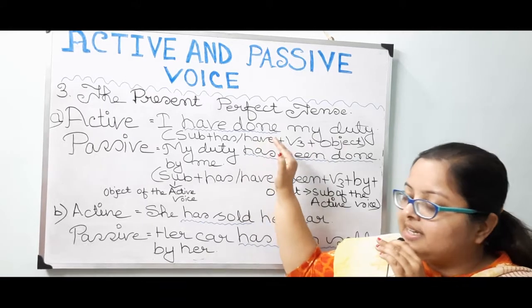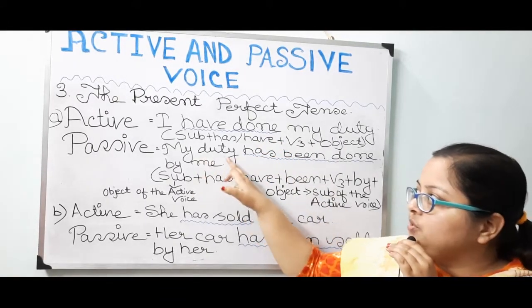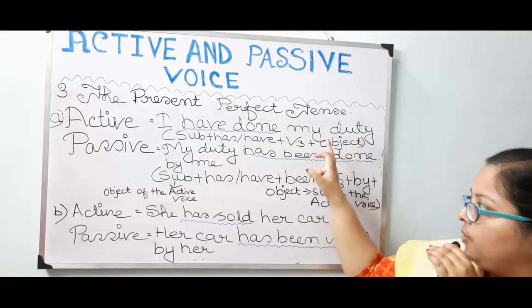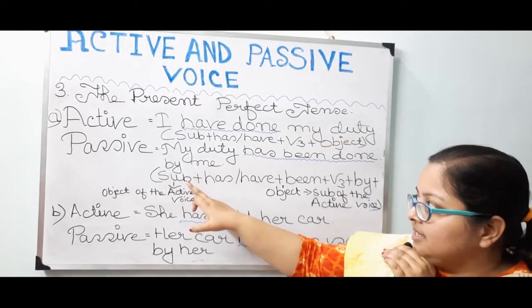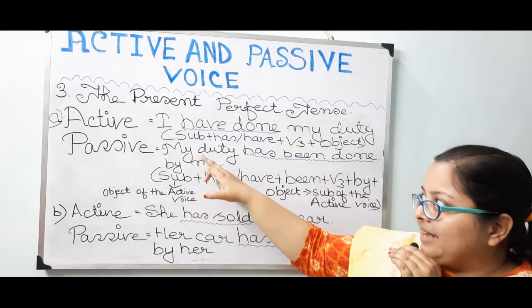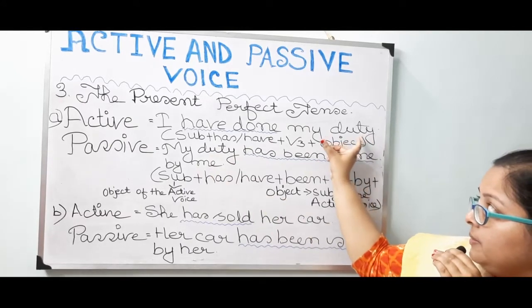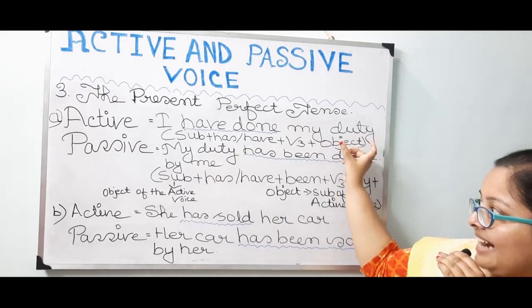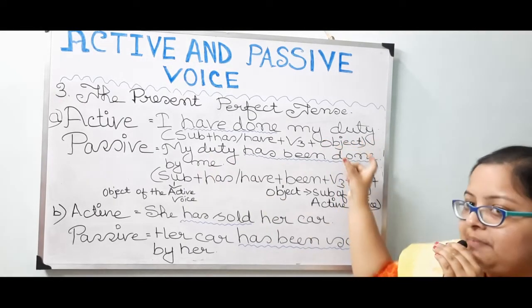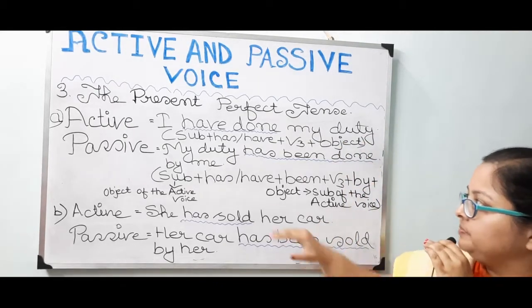Now when the same sentence is getting changed into passive voice, my duty will come first. Okay, subject, it is occupying the place of the subject of the passive voice, which is actually the object of the active voice.